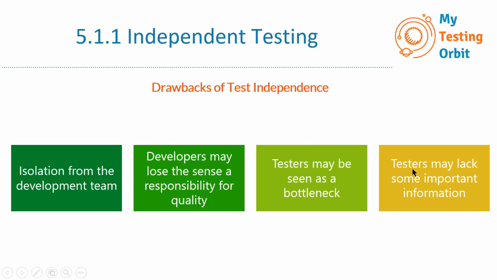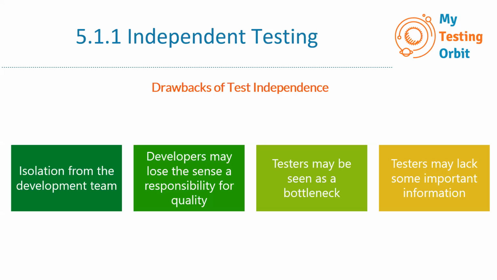And the last one is testers may lack some important information. So this is quite linked to what we said in the first one, isolation from the development team, that some information might be missing from the documents, which maybe the team members just discussed with them verbally, and that was not documented.